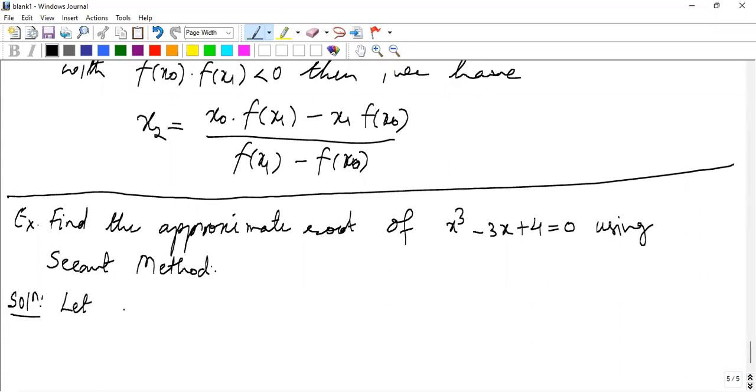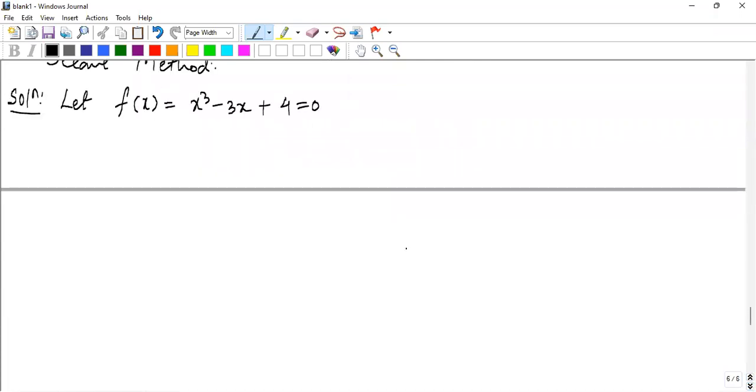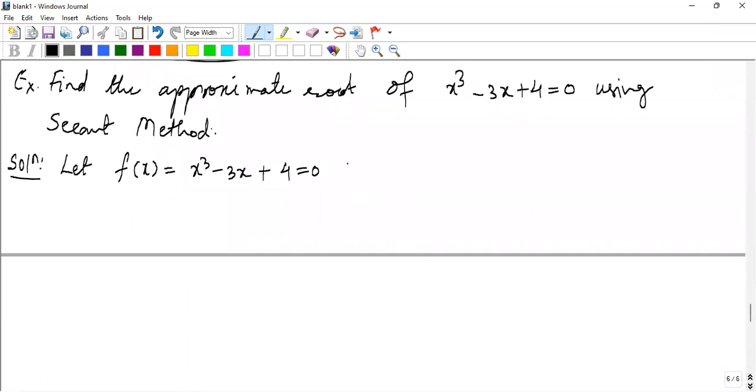So what we have here, let f of x is equal to x cube minus 3x plus 4 is equal to 0. Okay, this is the function given. Now, what do we do next?